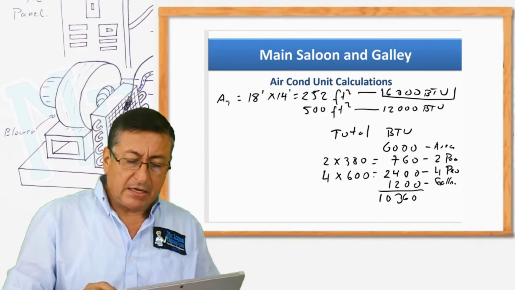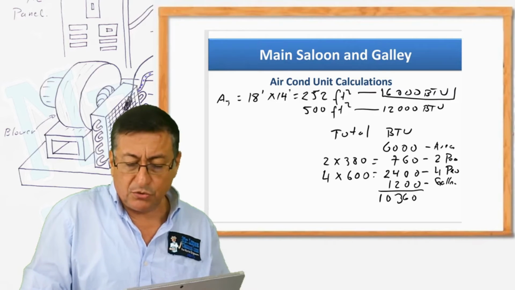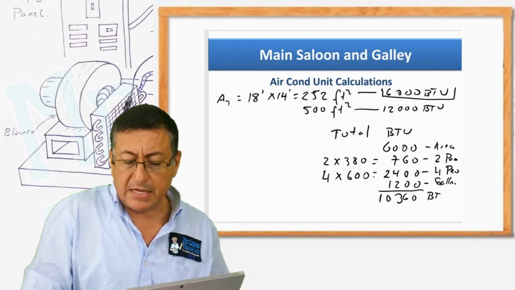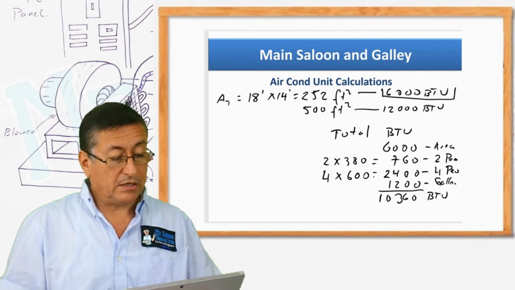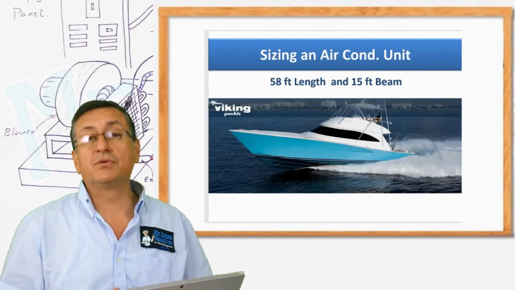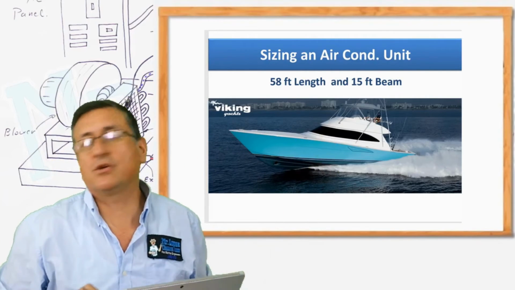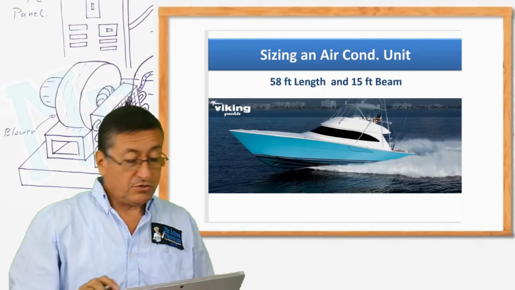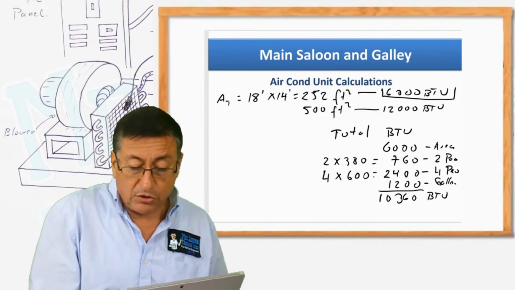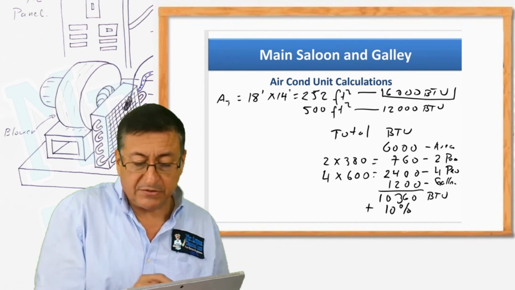I have 10,360 BTUs in total, but I need to add 10% because, you remember, the saloon is surrounded by a lot of crystals, a lot of windows. This is considered a sunny area. Because it's a sunny area, I am going to add 10%.